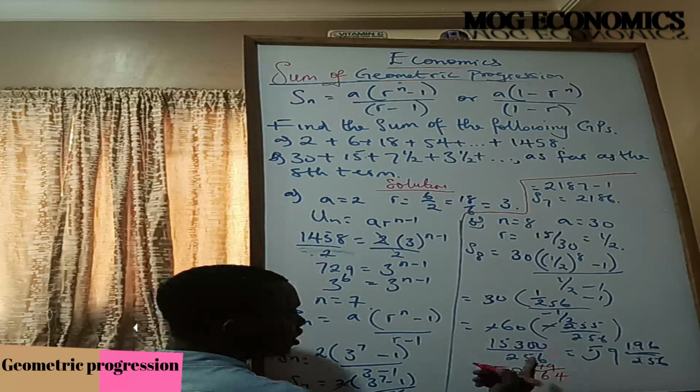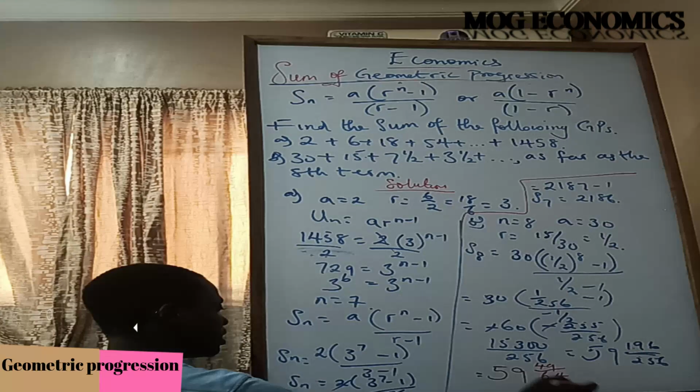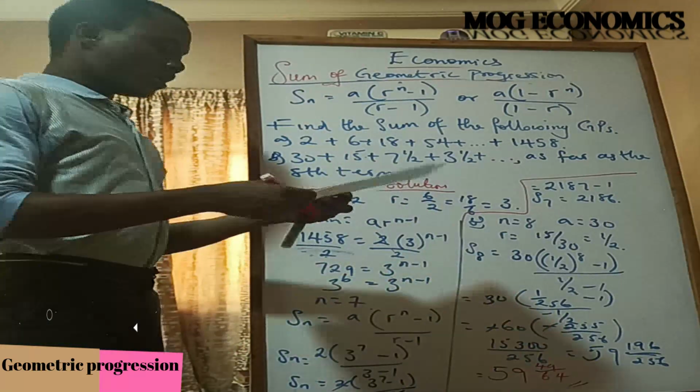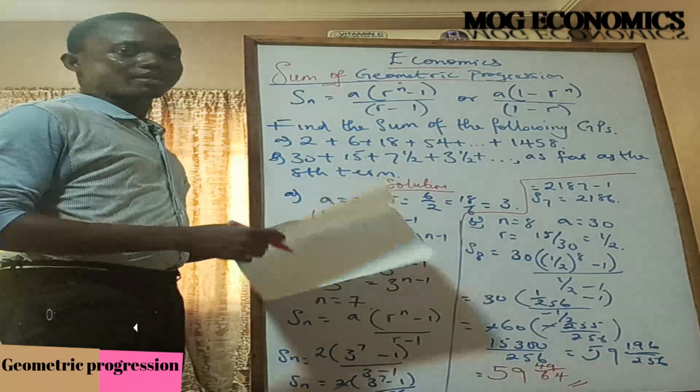I think divided by 4. So if you divide this by 4, you get 49. If you divide this by 4, you get 64. And then this is the sum of those 8 terms. So let's talk about example 2, example 3, and then bye-bye.